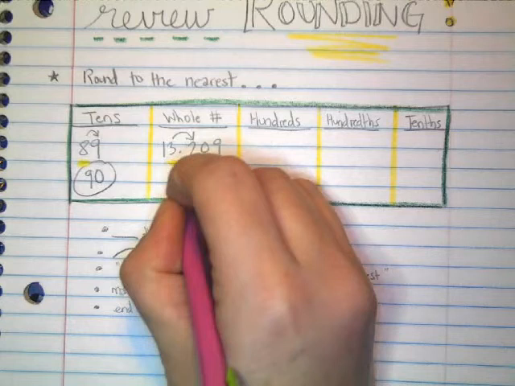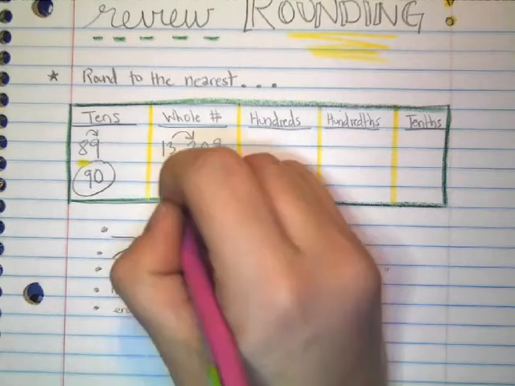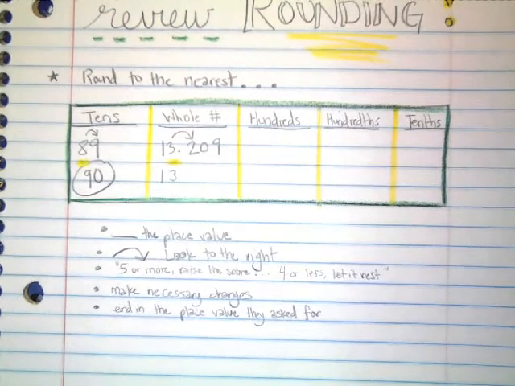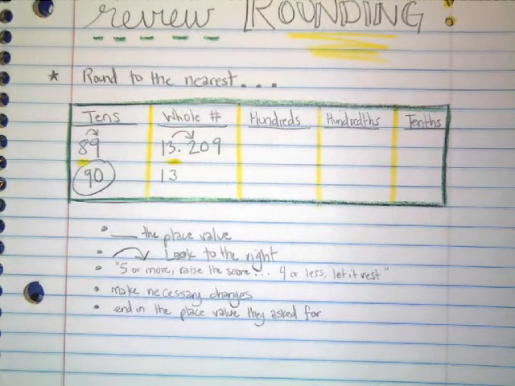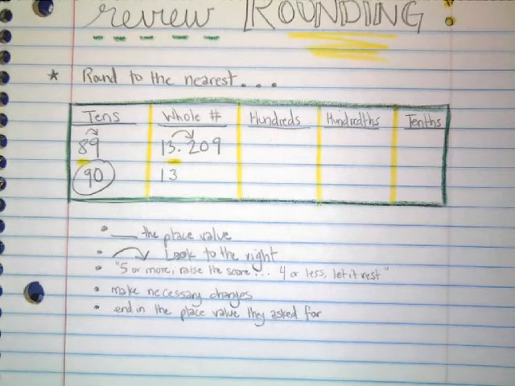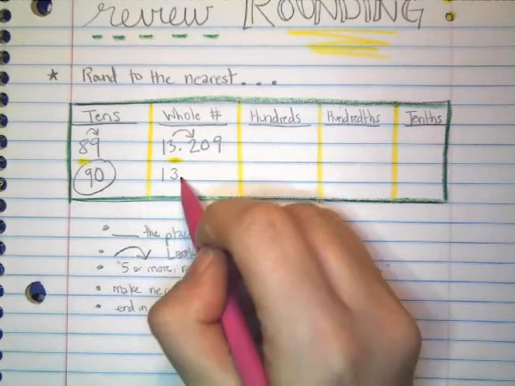If you said let it rest, you're right. So the 3 stays. These are the necessary changes. What happens to that 1 in front of it? It stays. Everything in front has to stay. Everything behind it either changes to zeros or disappears. So we have a decimal, which means it can just disappear.